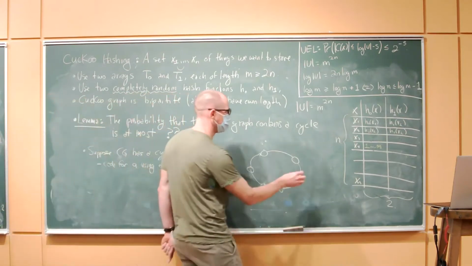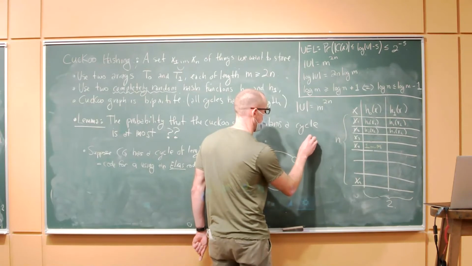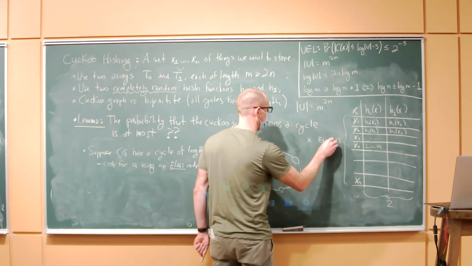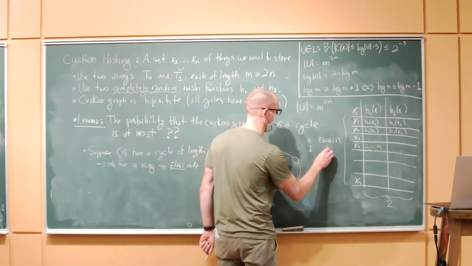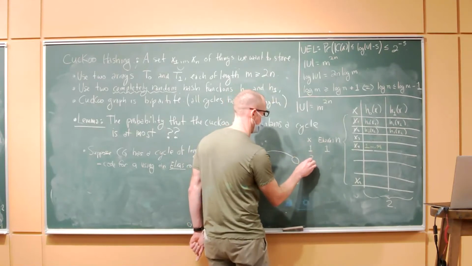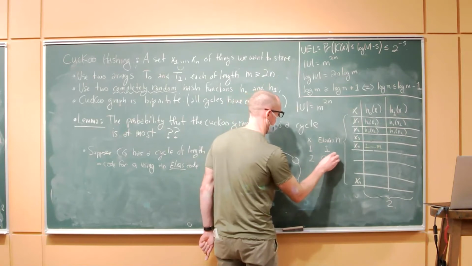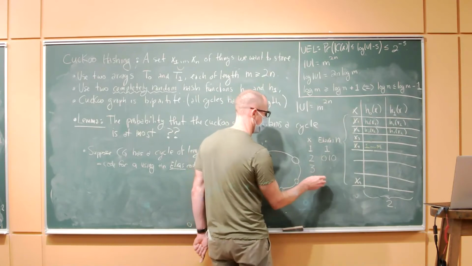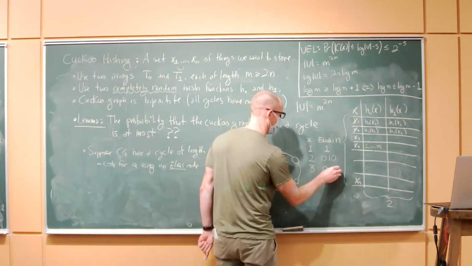I'll write down the first few things because that's all we'll need. So x, alias of x. When x is 1, alias of x is 1. When x is 2, alias of x is 0, 1, 0. When x is 3, alias of x is 0, 1, 1.